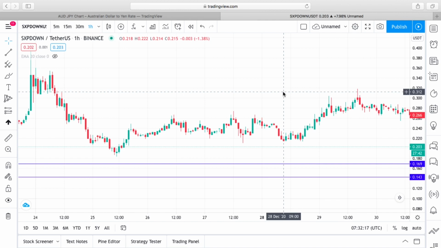When you're in an uptrend, remember what I said: it is risky to short an uptrend unless you see a powerful confirmation. When you are in a downtrend, it is very risky to long a downtrend.